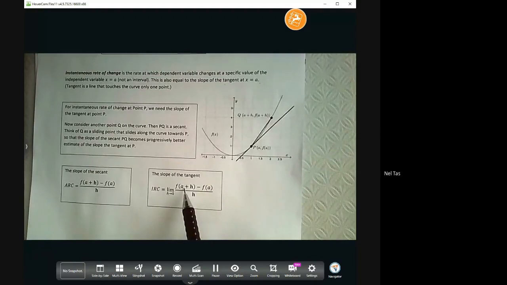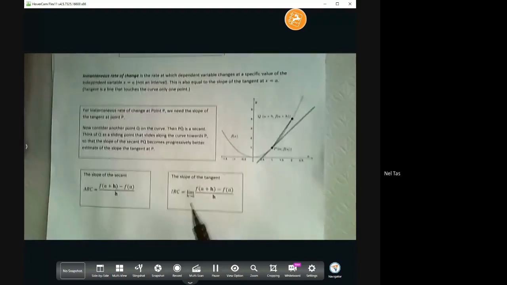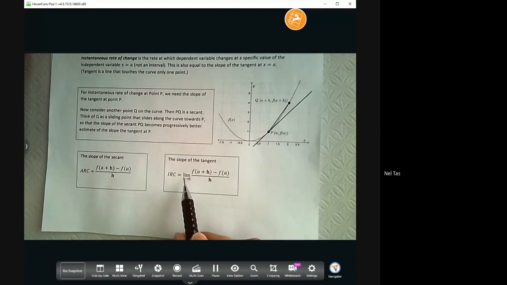We do this: f of a plus h minus f of a over h, like the average rate of change. But this time we want h, the horizontal distance between those two points, to be almost 0. We want h approaches 0. And this formula will give you the slope of the tangent.